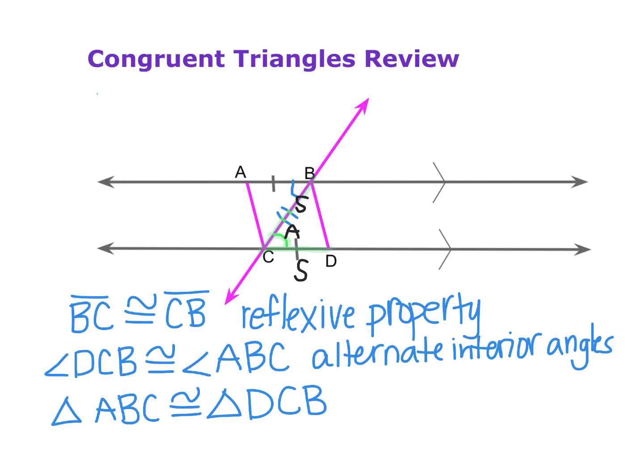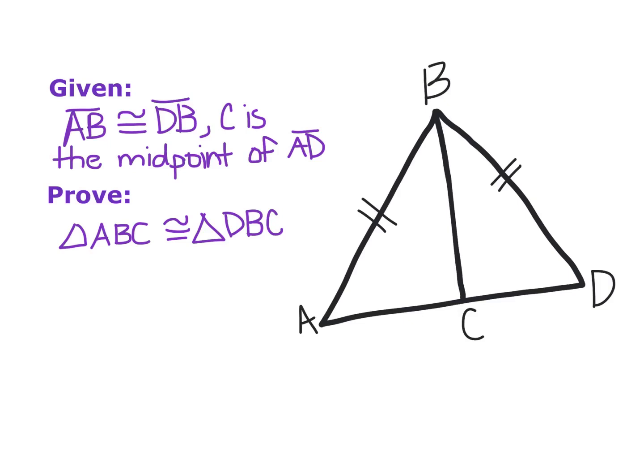So for example, I know that the angle A should correspond with angle D, and angle B should correspond with angle C, and then angle C should correspond with angle B on the other triangle. So we want to make sure that we're putting that order in correctly. And then the reason why these two triangles are congruent to each other is because of the side angle side postulate. Let's look at another example.